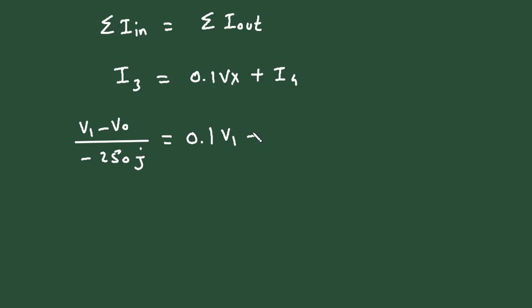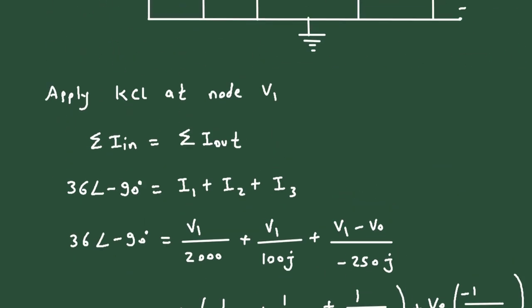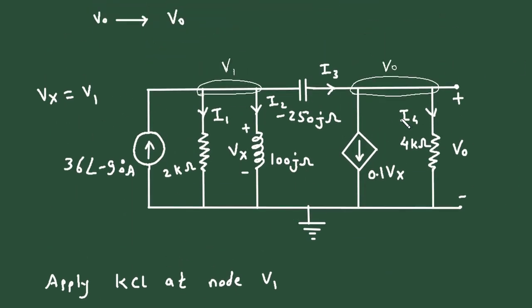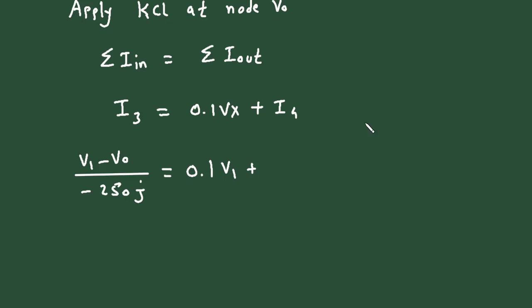So it will be V1 plus now I4. So I4 is VO minus 0 divided by 4000. Now let's simplify this.